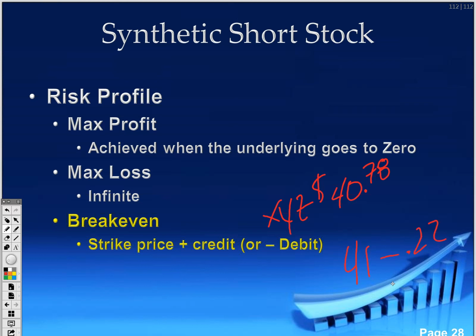All right. Well, then my break even is $40.78. Right? Now, what if I'd done the 40 strikes? Well, then I'm probably getting a credit of 70 cents. So then I would have to add that 70 cents in and it'd be very close to there.